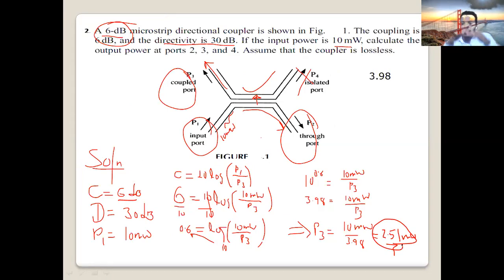Why do we need to take a sample from a signal? If the signal transmits directly, we take a small sample by coupler. Why do we need to take a sample? It's for monitoring purposes, to check your signal continuously without interruption. The signal is transmitted, but you can take a small sample to test what frequency, what power, what noise, what interference.